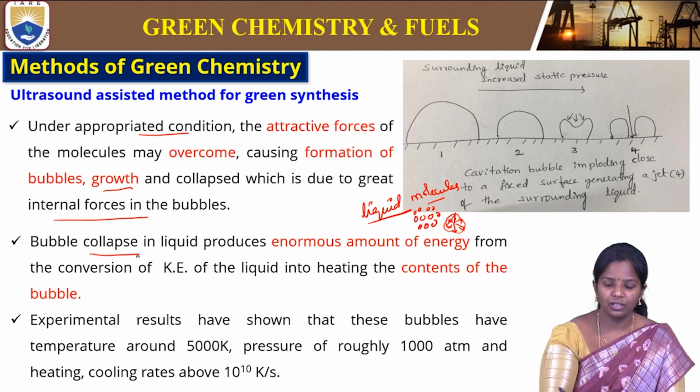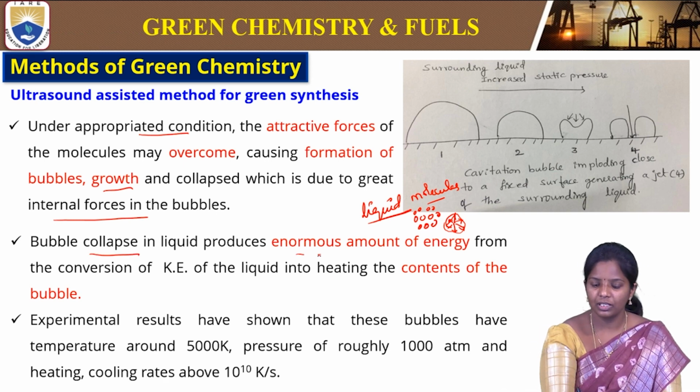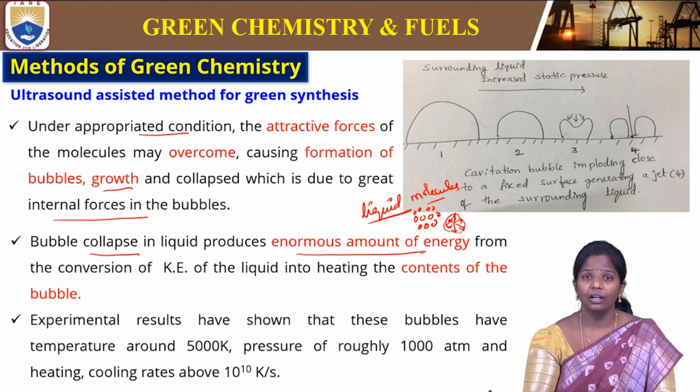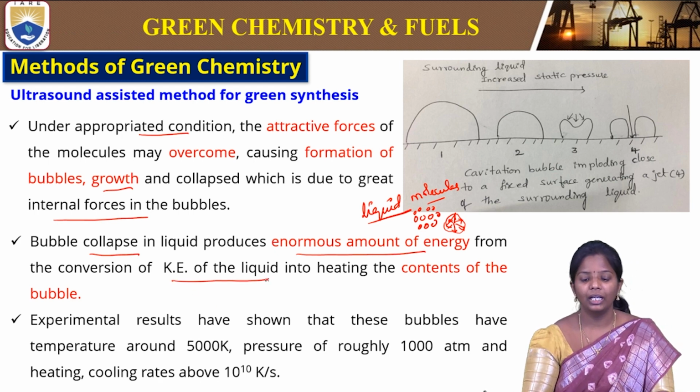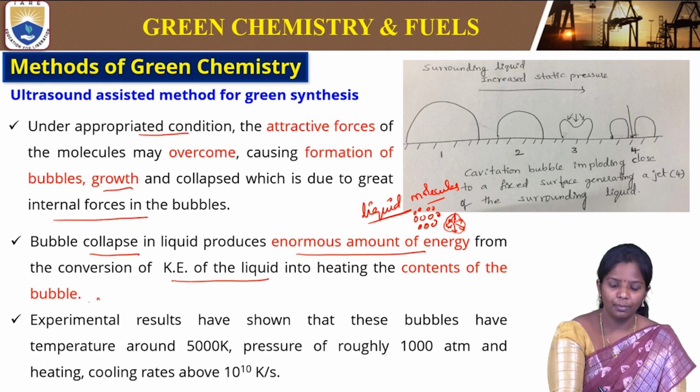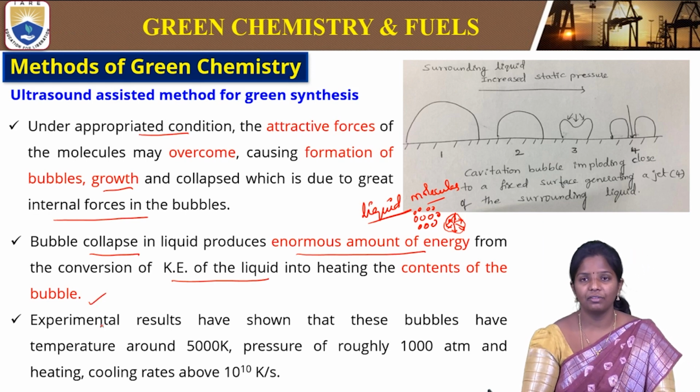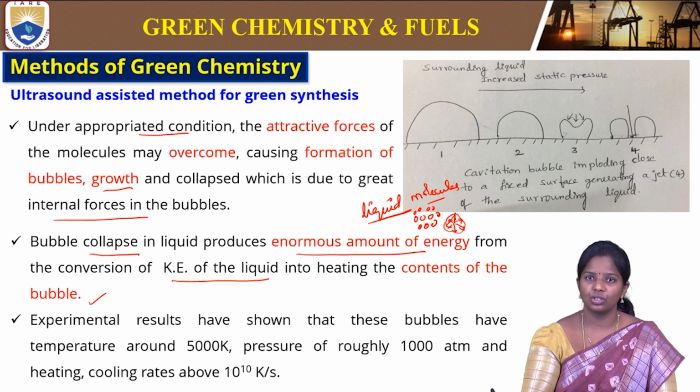So the bubble collapses in the liquid, forming an enormous amount of energy from the conversion of kinetic energy of the liquid into heating the contents of the bubble. This is how cavitation takes place for any particular liquid, solution or solvent, so that energy is produced.